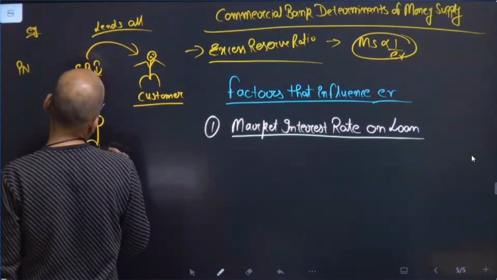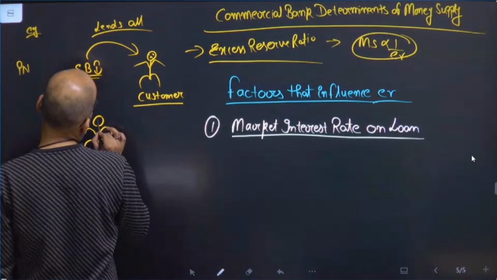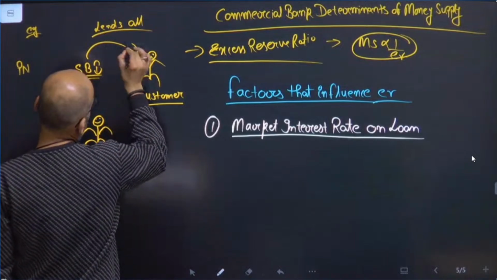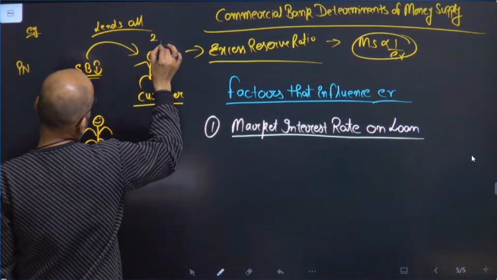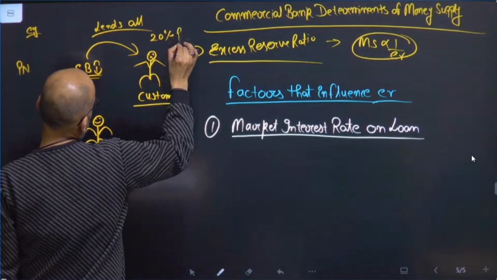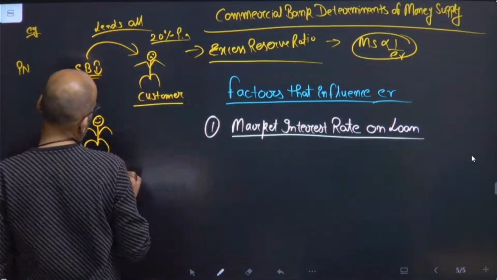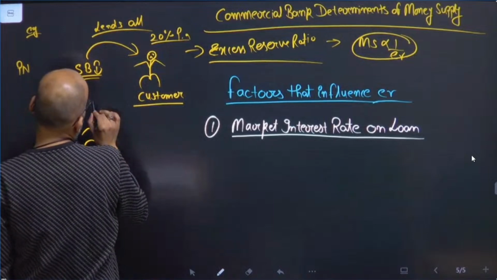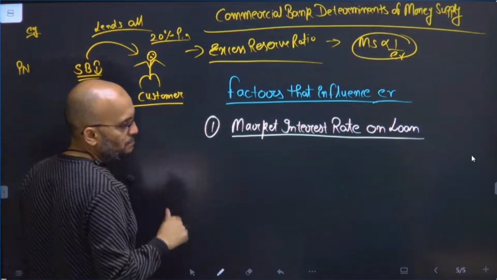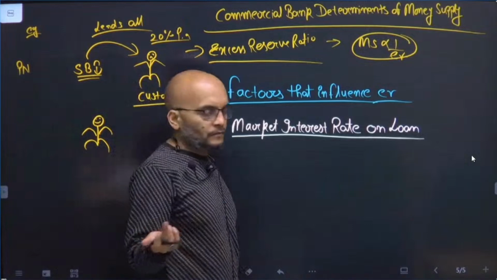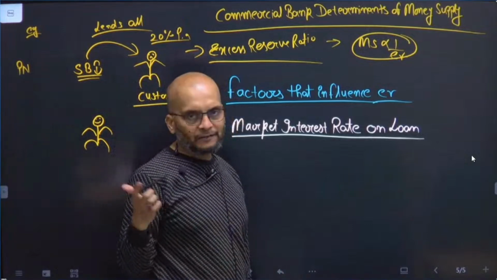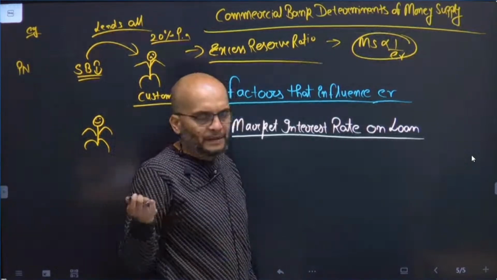Another customer went to SBI and borrowed this money at 20% per annum interest, let us say. Then another customer went to SBI and asked for 10 lakh, 20 lakh, whatever his deposit was, an urgent or emergency withdrawal.